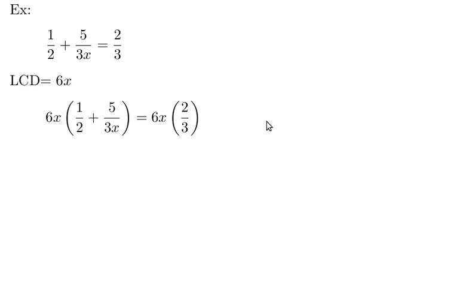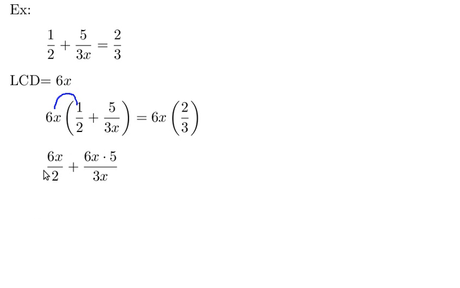Now I can go ahead and distribute this 6x. That's going to give me 6x over 2 plus 6x times 5 over 3x. I just distributed this 6x to here.